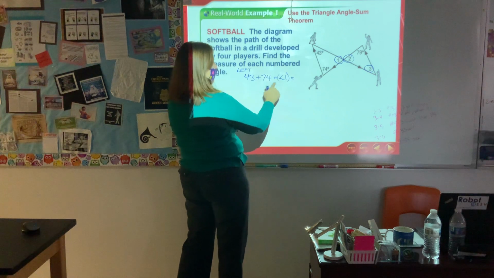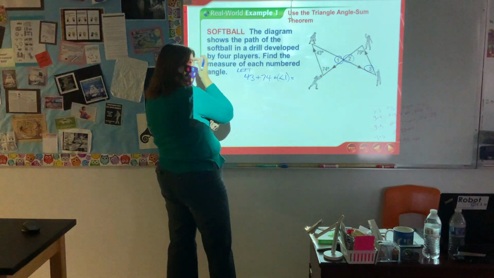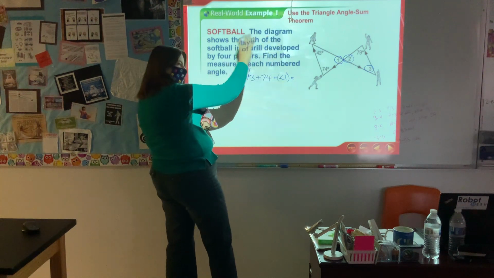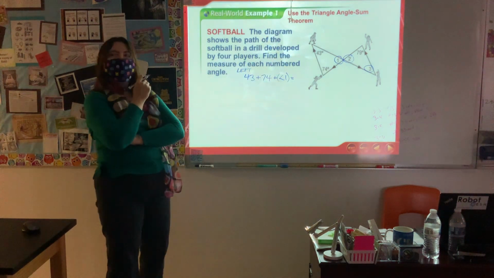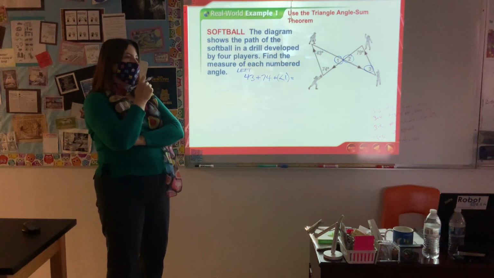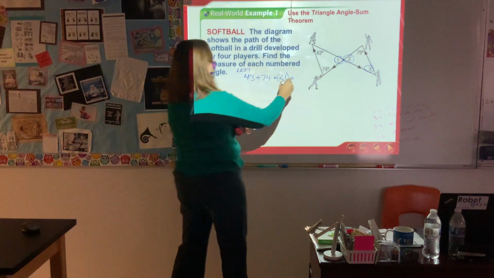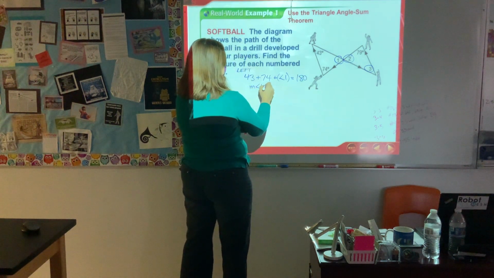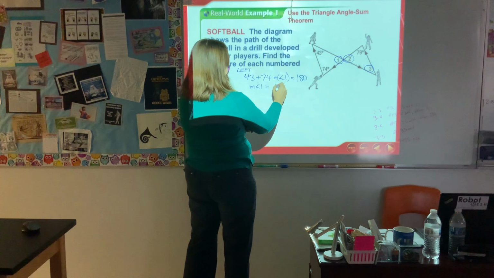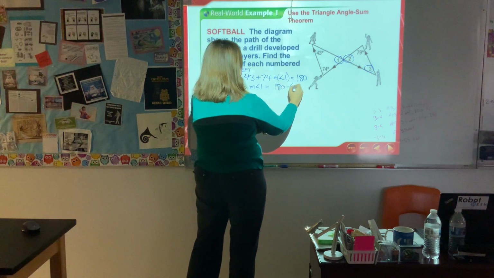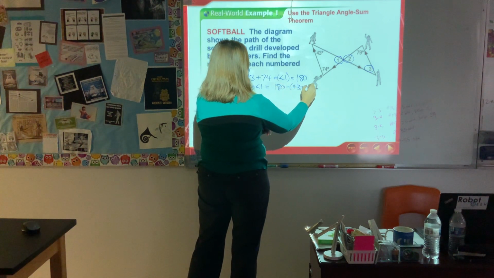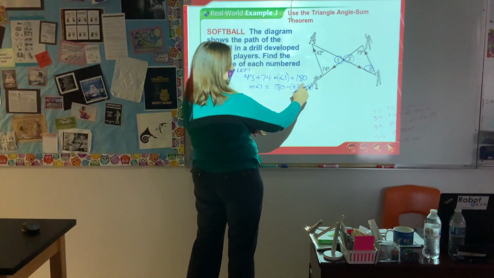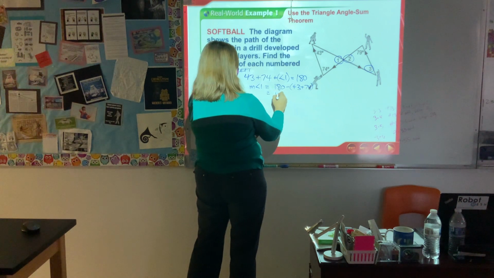The three of them together have to equal what? What is the sum of all the measures of the angles in a triangle? 180. So the measure of angle 1 has to equal 180 subtract 43 plus 74, or we could say minus 43 minus 74.